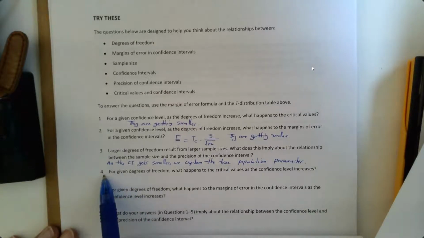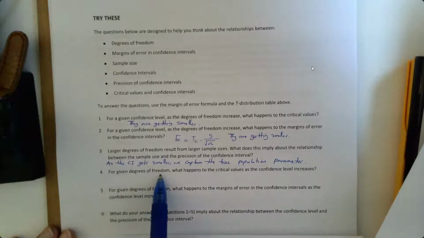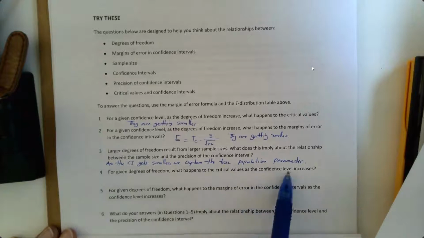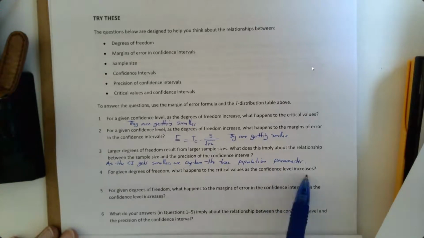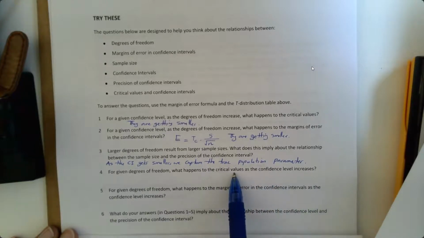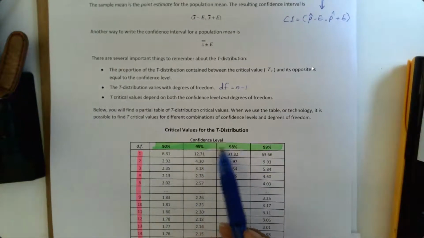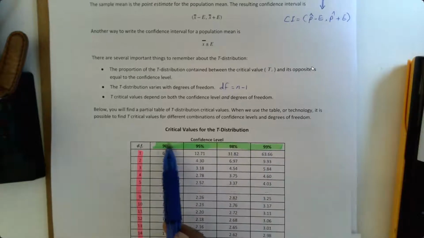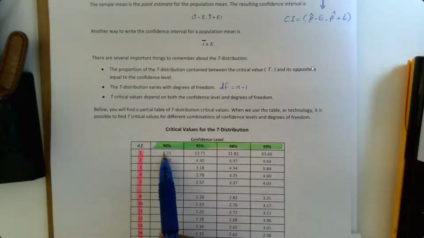For given degrees of freedom, what happens to the critical values as the confidence level increases? Okay, as the confidence level increases, the critical values, take a look at this, are getting larger. When the confidence level is 90%, we have 6.31 as the critical value.